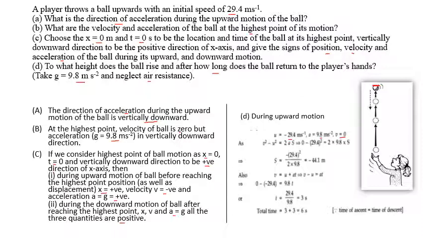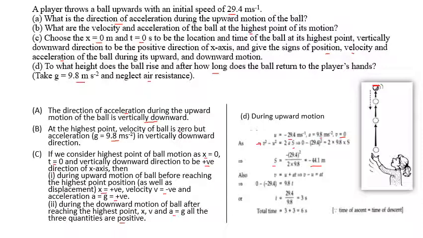Then you can calculate s with the third equation, v squared minus u squared equal to 2as. Use this formula to find s. So s equal to minus 44.1 meters. So this is your displacement, minus 44.1 meters.